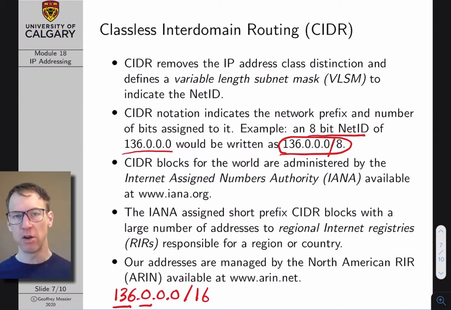We can have a variable number of bits assigned to network IDs, and this raises the question, well, who's in charge of all of this? Who's coordinating all of this? Internet address space is centrally organized and coordinated by an organization called the Internet Assigned Numbers Authority, or IANA.